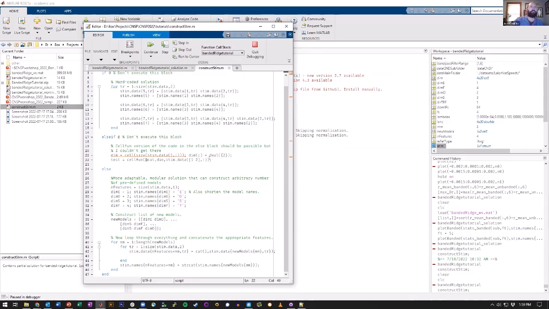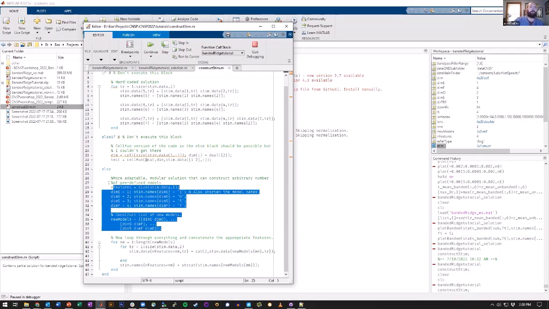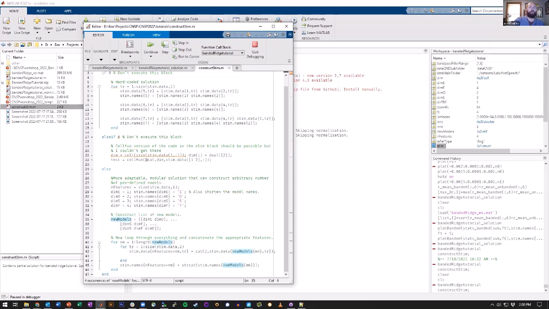Maybe you can. And a more adaptable and modular solution that I came up with is to first construct a series of models. So here's my series of new models, which would be dimensions 1 and 2, dimensions 3 and 4, and dimensions 3, 4, and 2. And then loop through the models and also the trials, but again, you might be able to do this with Accelerate and concatenate the appropriate features together from those models.